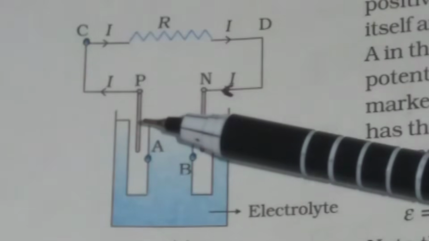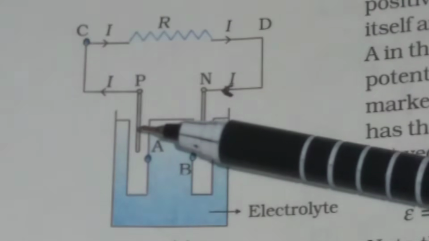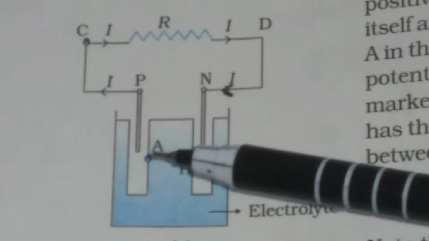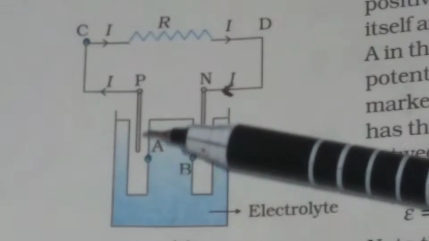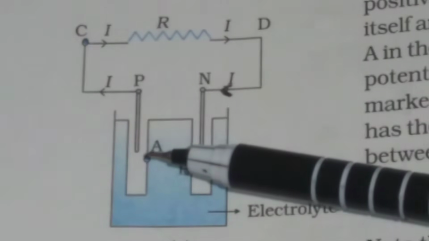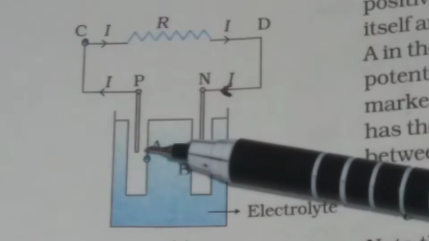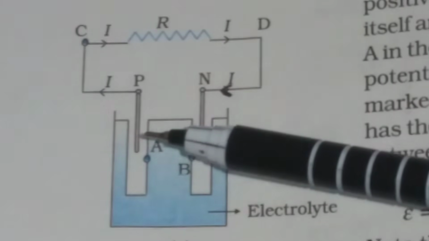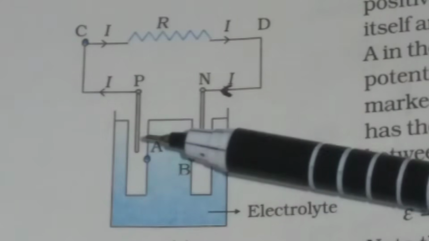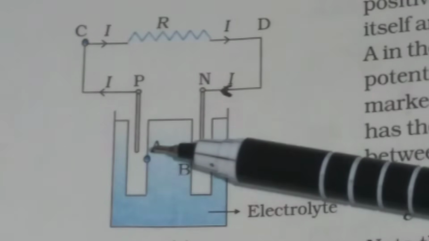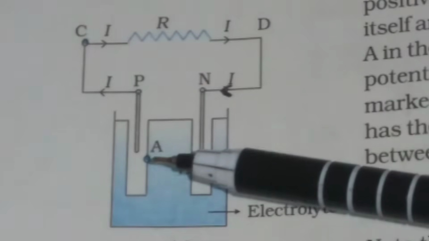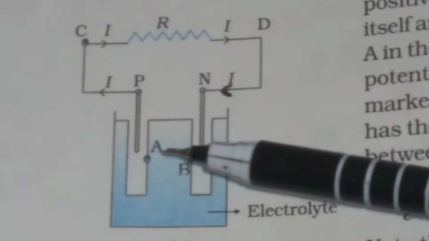The positive potential V plus is between this electrode and the point very close to this electrode, let us say the point A. So V plus is the positive potential between the electrode and the electrolytic solution immediately adjacent to it. It is marked A in this figure.